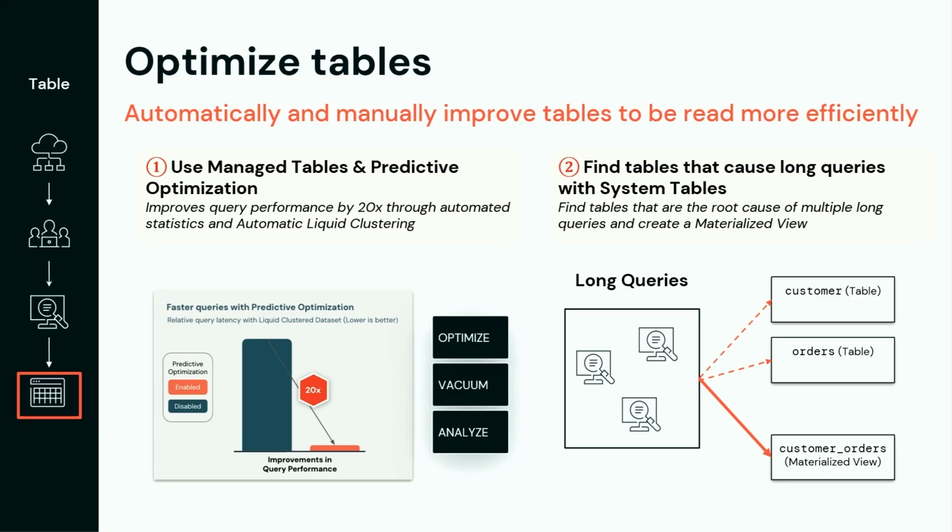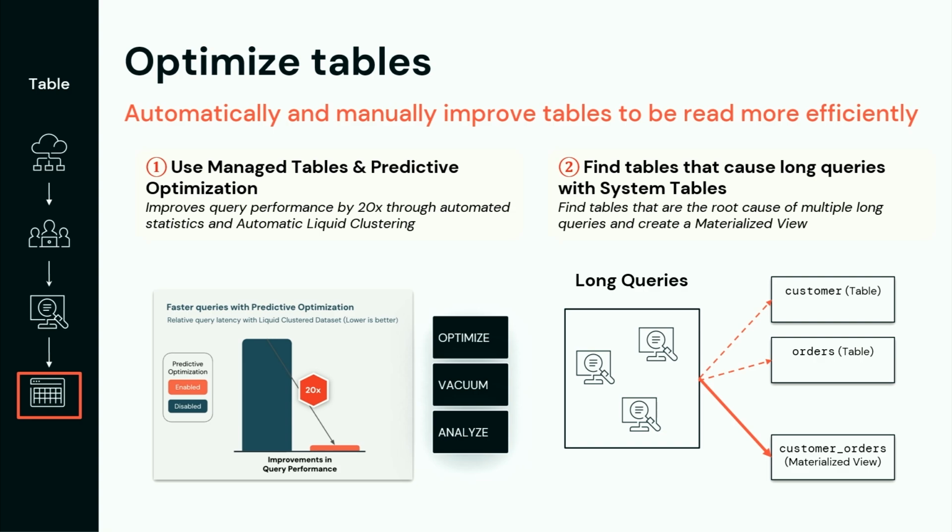The second option is for more manual optimizations. Using system tables, you can identify which tables are the common source of long queries. We have lineage system tables that show for each query which tables were read, and we also have the query history system tables that show which queries are the long queries.